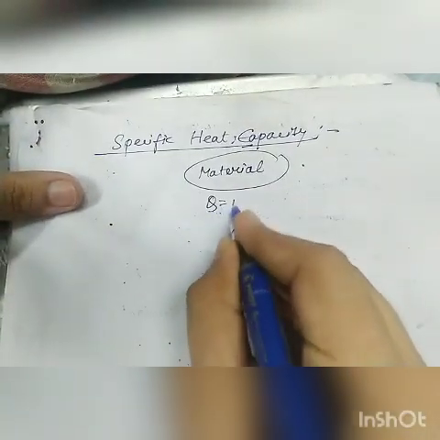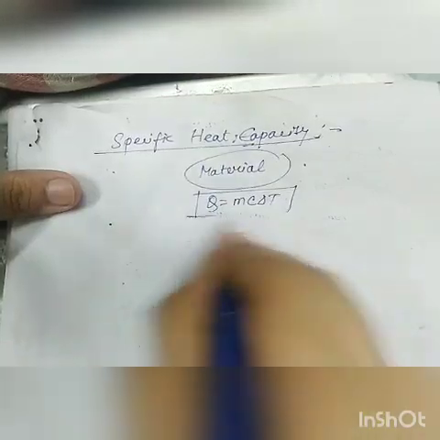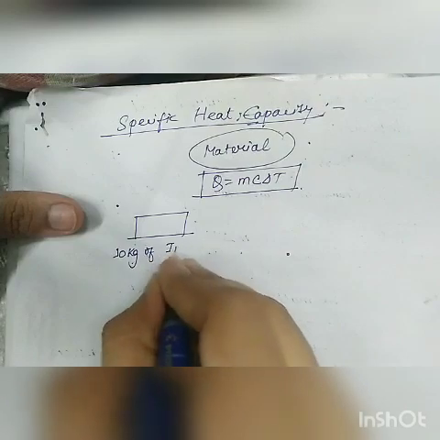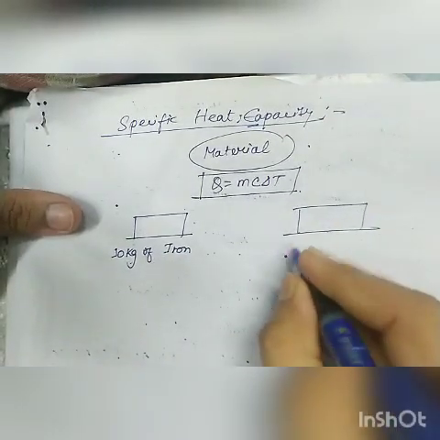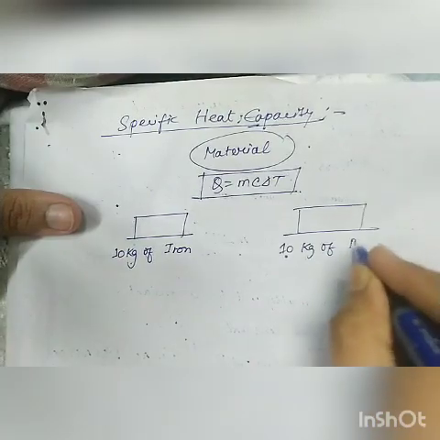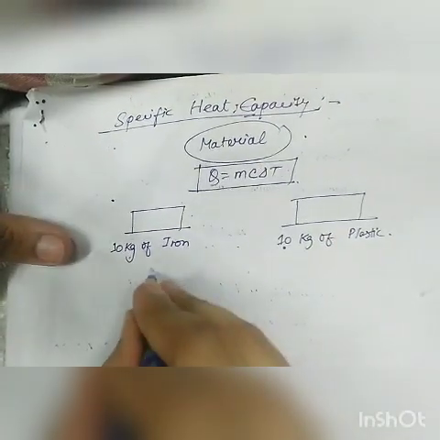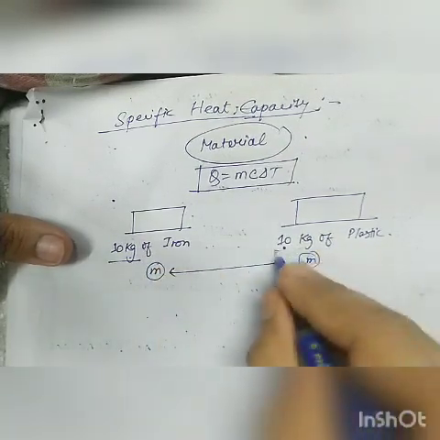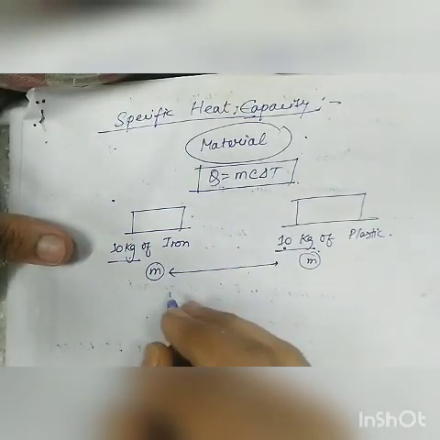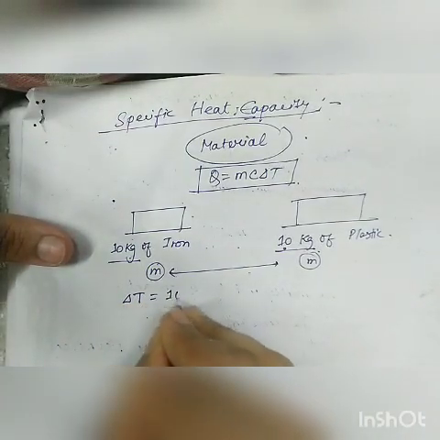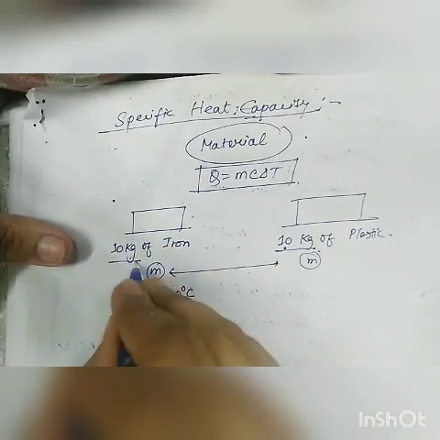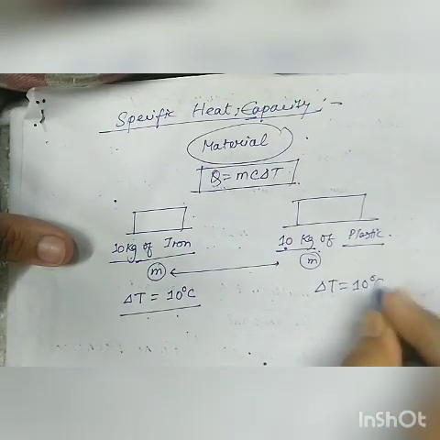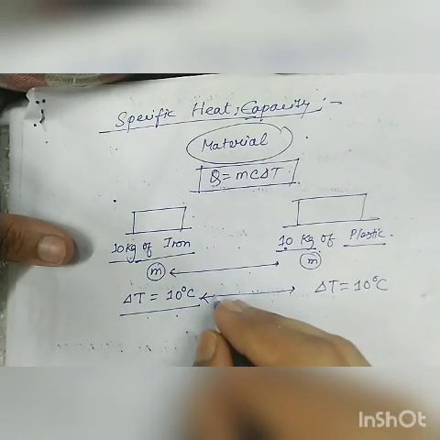Just think, we got the equation Q equals mc delta T. Now I take 10 kg of iron and 10 kg of plastic. So in both cases mass are same, both are 10 kilograms. Both of their temperature must be increased by 10 degree centigrade. I will heat the iron by 10 degree centigrade and I will also heat the plastic by 10 degree centigrade. That means delta T is also same for this case.